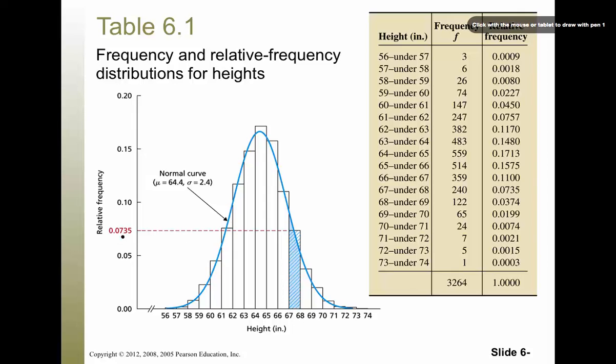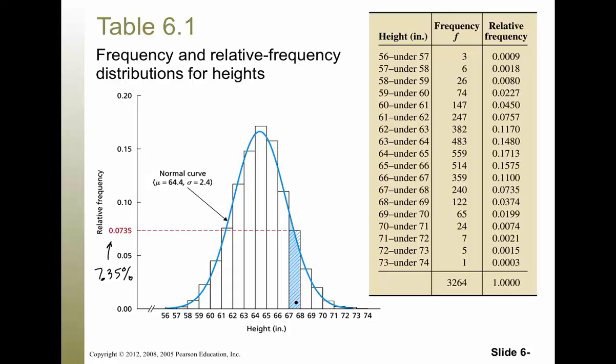It has a frequency of 0.0735, or 7.35%. So 7.35% of people, I don't know if it's all people or a certain subgroup, have a height between 67 and 68 inches. That relative frequency is the 0.0735.